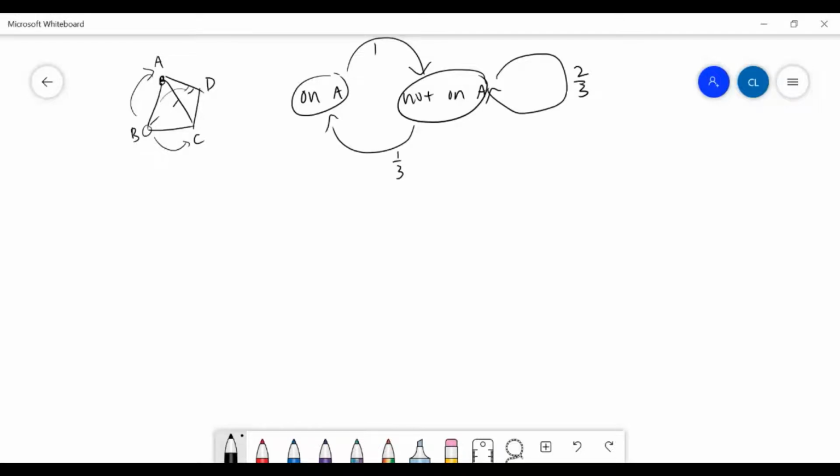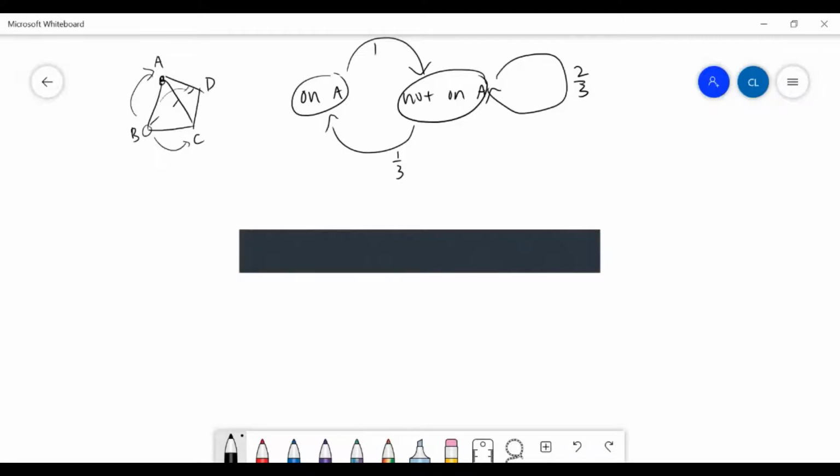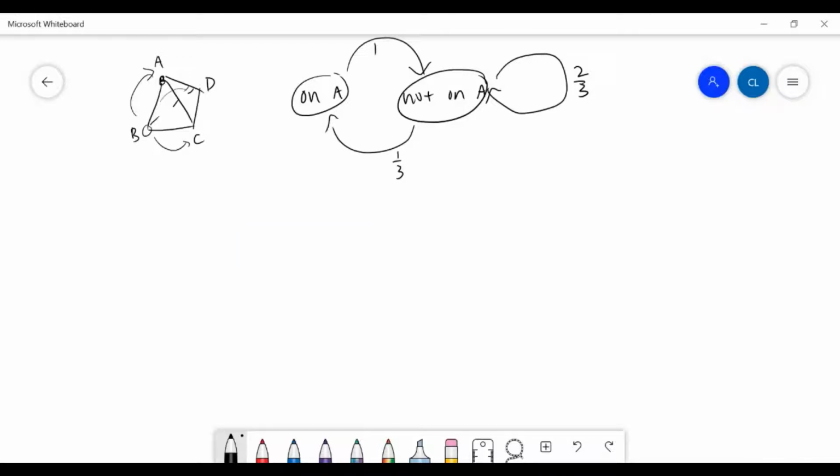So if you look at this diagram, you don't really have to draw it, but I think it's helpful sometimes for more complicated problems to visually see what happens between different states.